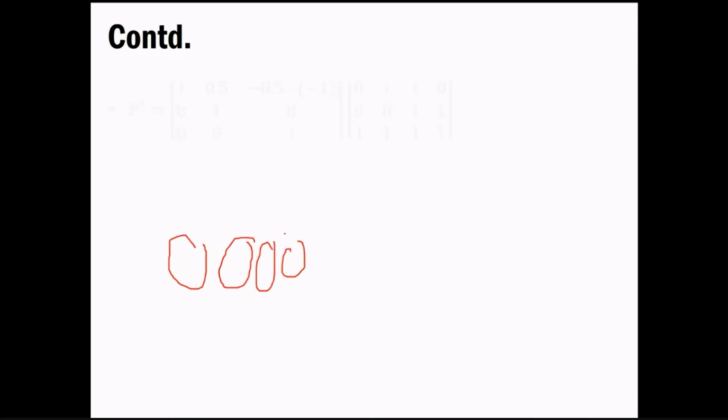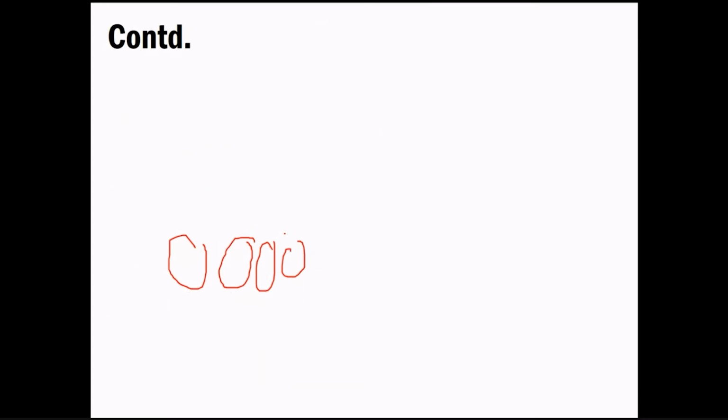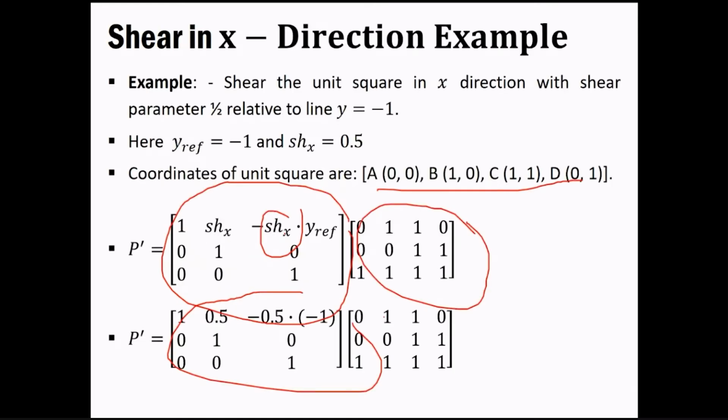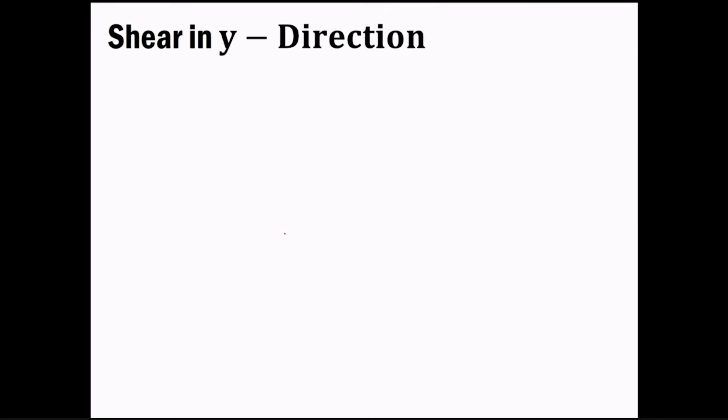Our resultant is 0.50, 1.50 as compared to the previous case 2 1 and 1 1, as you can see over here. So this is one example of shearing in the x direction relative to a y reference line, and that value is also given to us.